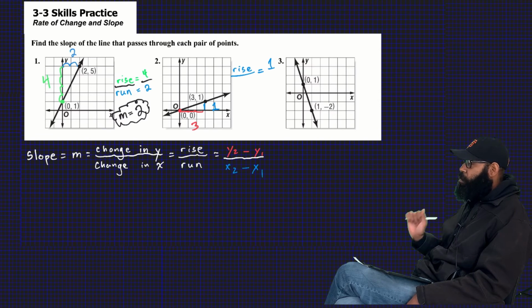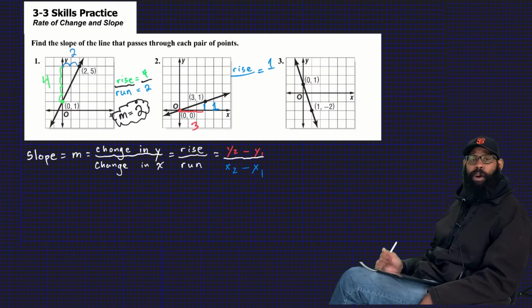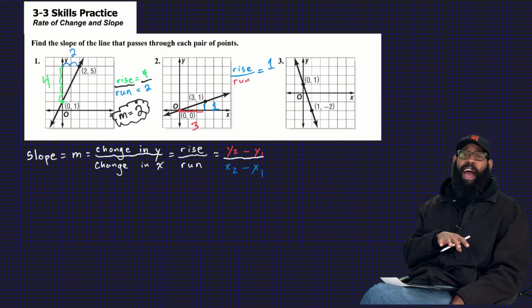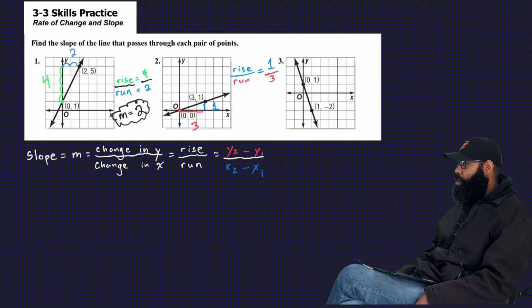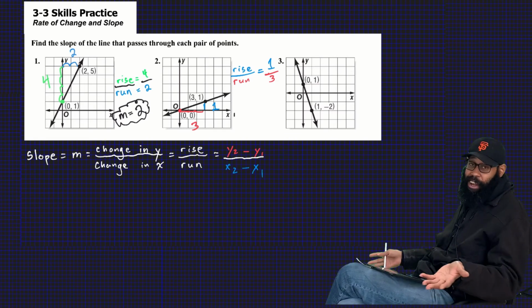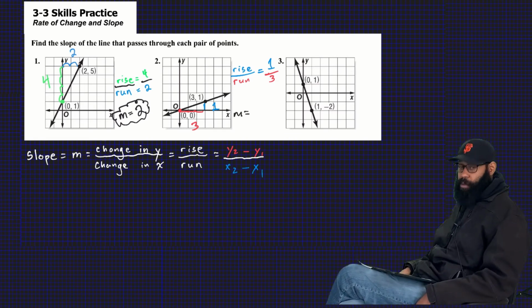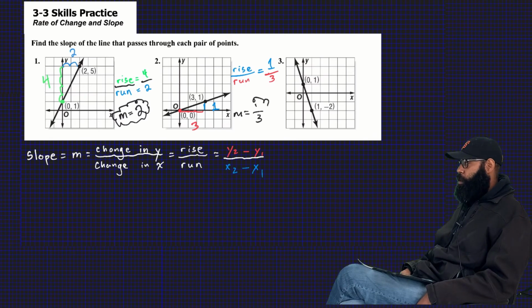All I've done is count. So again, I need to know what is confusing, what's holding you back. But guys, you're going to knock this one out. Rise over run for this is 1/3. Write it in black and call it a day, because we got it. Slope is equal to 1/3.